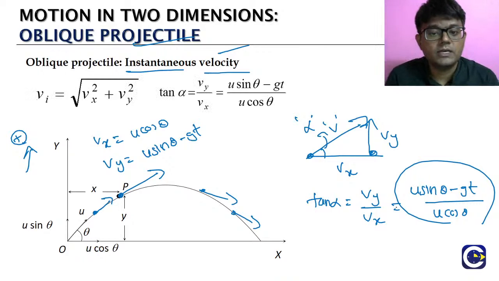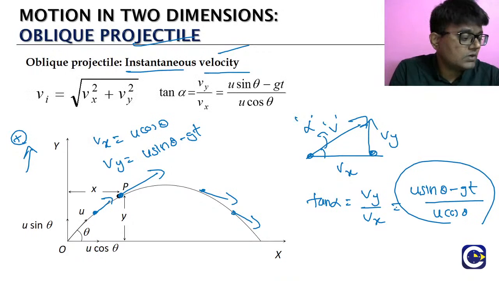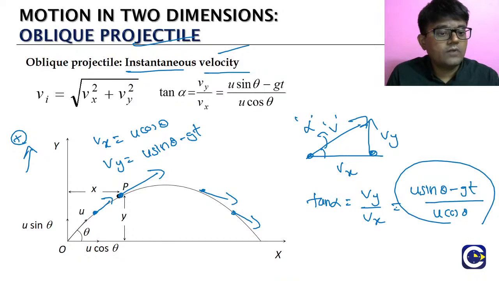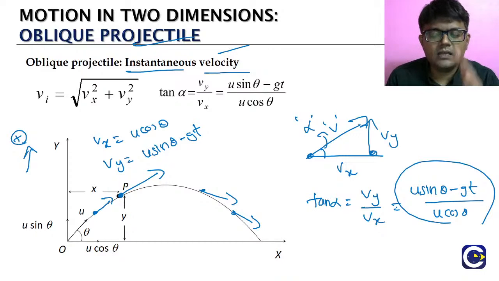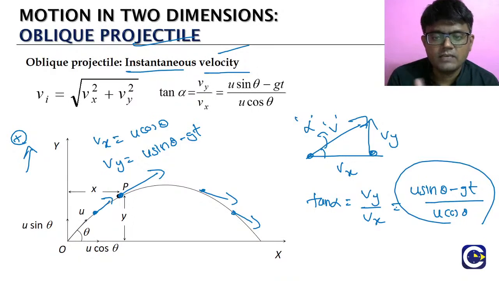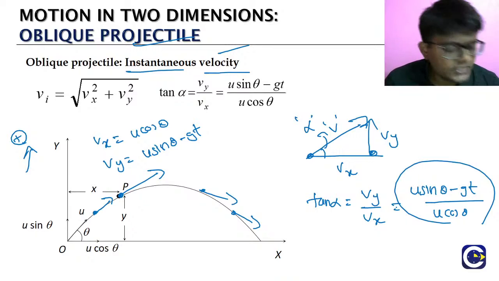So what are the two important results? The total velocity value is root of vx square plus vy square, where vx is u cos theta, the same throughout, and vy is u sin theta minus gt, which changes based on time. And the angle made by the total velocity with the horizontal is given by tan alpha equals vy by vx, that is (u sin theta minus gt) divided by u cos theta. So this gives us the instantaneous velocity.